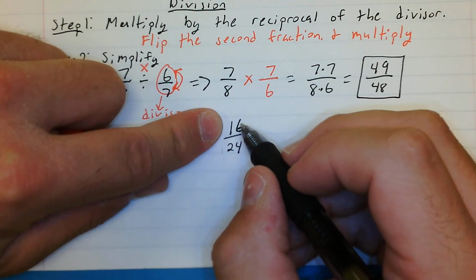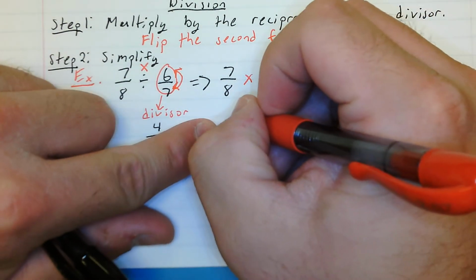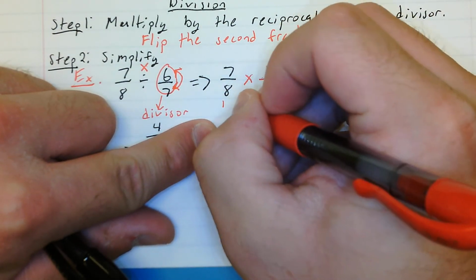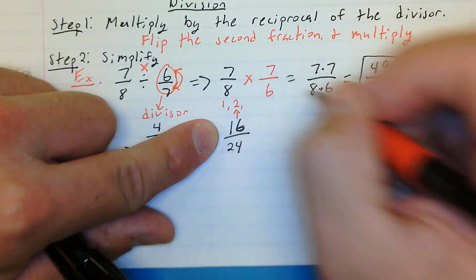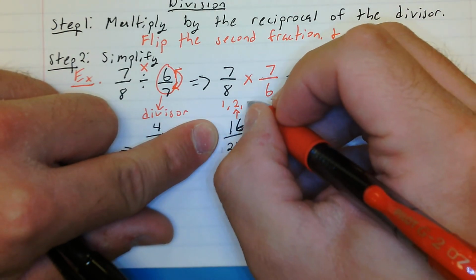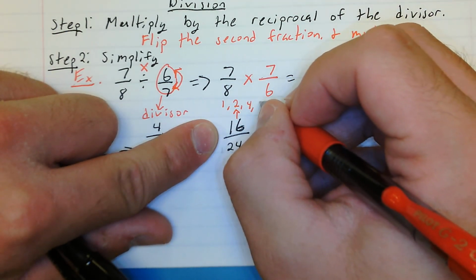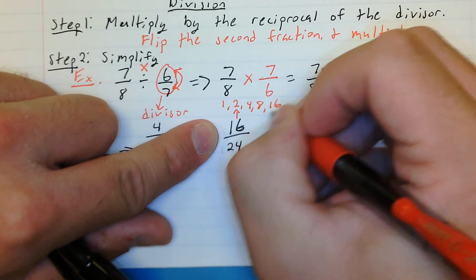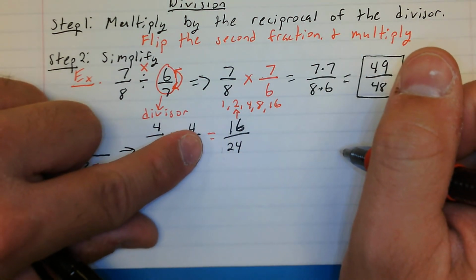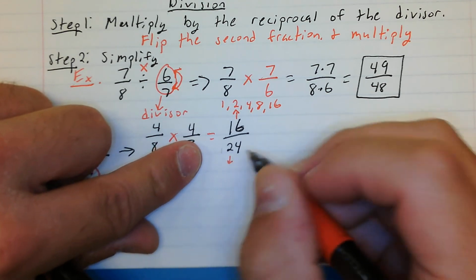So let's think of numbers that can go into 16. Alright, so we have 1, 2, 1 times 16, 2 times 8. We have 4 times 4, 8 times 2, and 16 times 1. Those are the factors of 16. Let's go to 24 now.